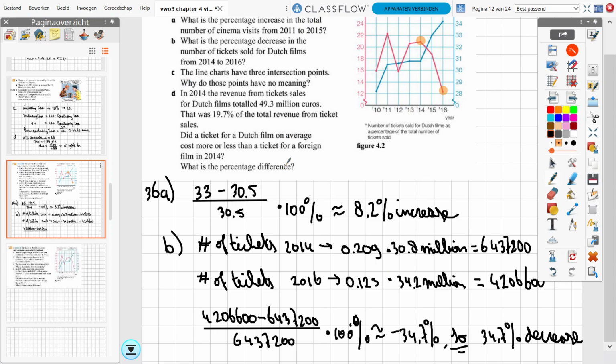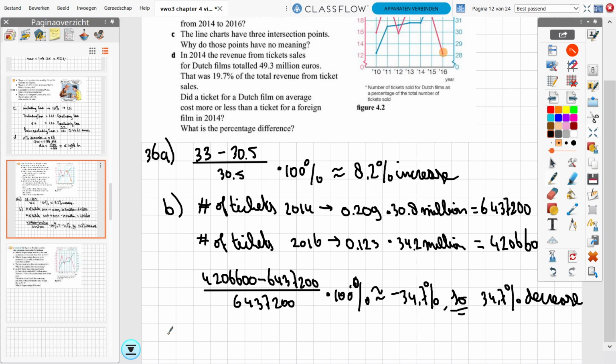C. The line charts have 3 intersection points. Why do those points have no meaning? Yeah, because they correspond with a totally different axis. This is a percentage-based axis. This is a number axis. This goes actually to 18, 20, 22%. This is actually 29 million, 30 million.